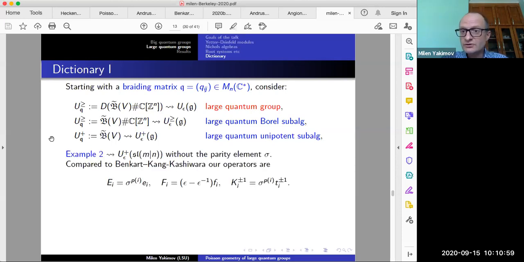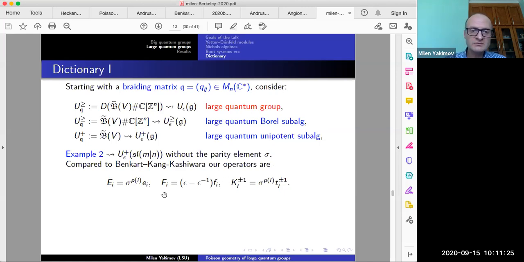For example, if we look at example 2, the super example, now I want to make this very precise. What's the relationship between our algebras and other algebras that people define? For instance, Benkart, Kac, and Kashiwara defined these quantum supergroups in the early 2000s, and related to theirs, our large quantum group doesn't have the parity element sigma.